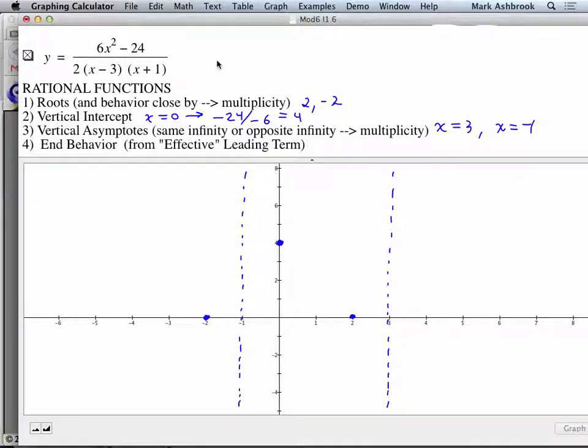So as x gets very large, what will the numerator be like? What's our leading term, Corey, of the numerator? 6x squared. And what's our leading term of the denominator, Corey?